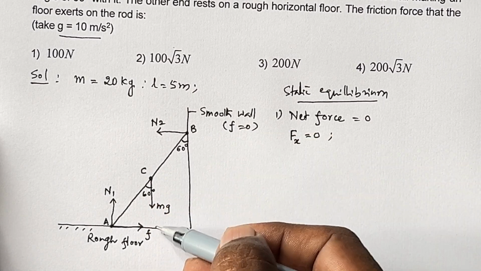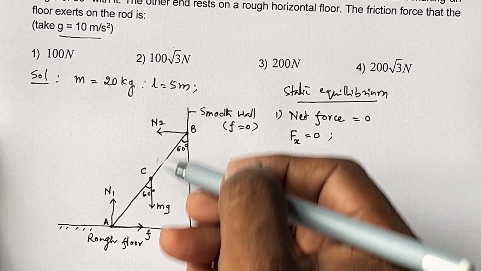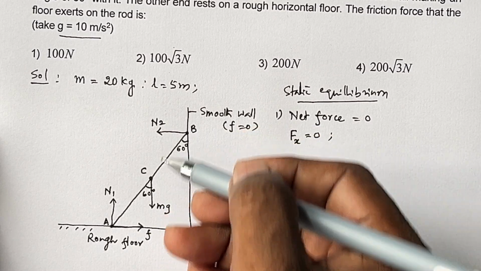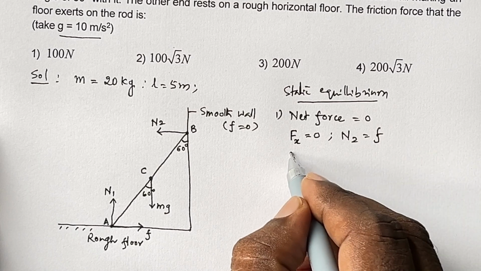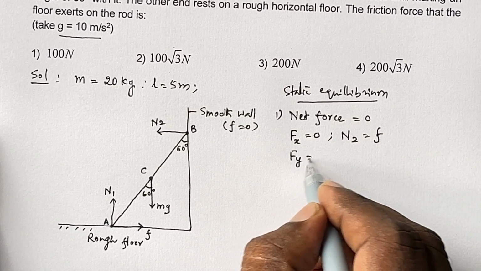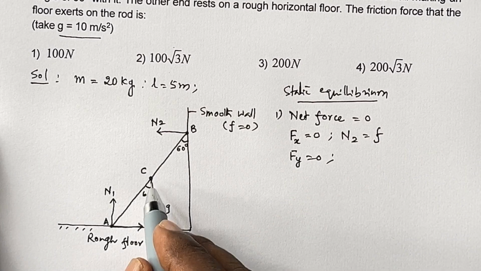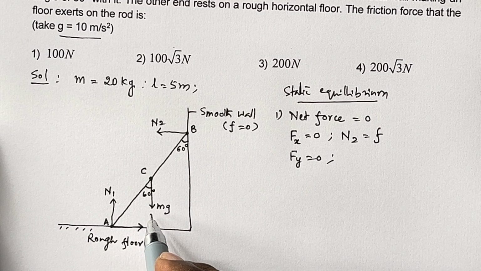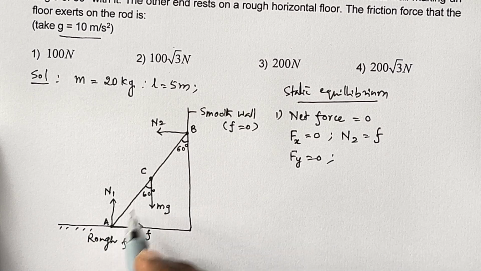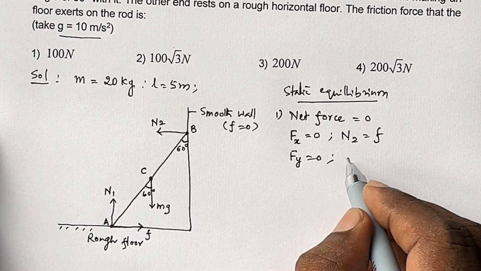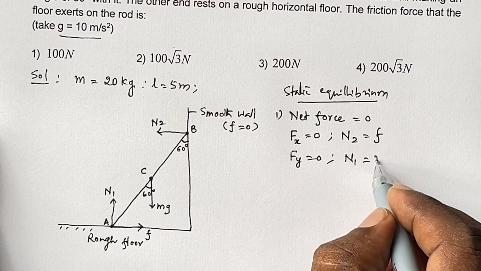These two forces nullify each other, so the net force becomes 0. So N2 is equal to F. Next, along the y-axis, mg is acting and N1 is acting in the opposite direction. These two forces cancel each other and the net force becomes 0. So N1 is equal to mg.